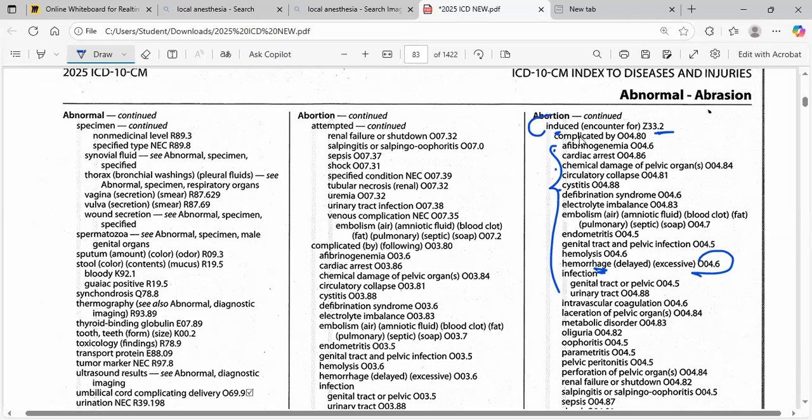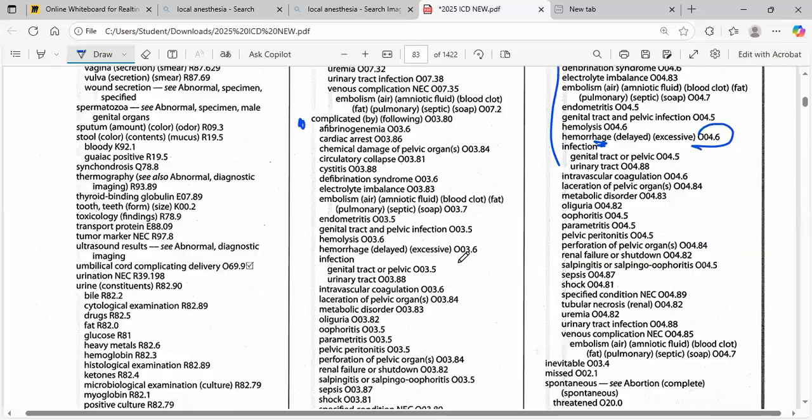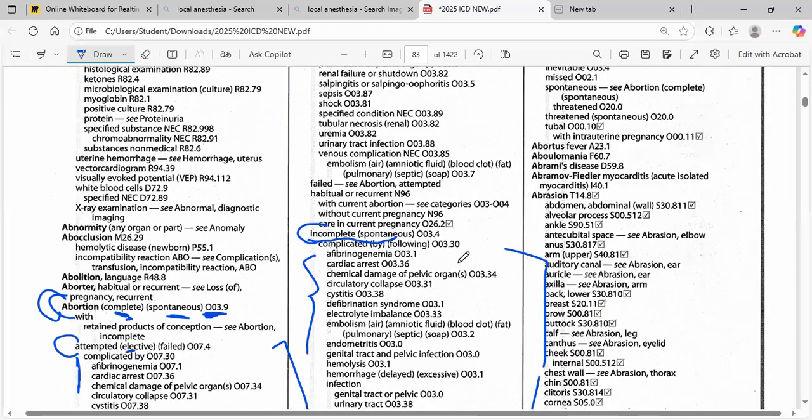So the patient had a complete spontaneous abortion, but now is coming with a UTI, that is urinary tract infection, and an ultrasound is showing retained product of conception. So it is complicated. It is incomplete because the patient has retained product of conception. So we will use incomplete, because even though the patient had the complete abortion a few days back, the retained products of conception are still there.